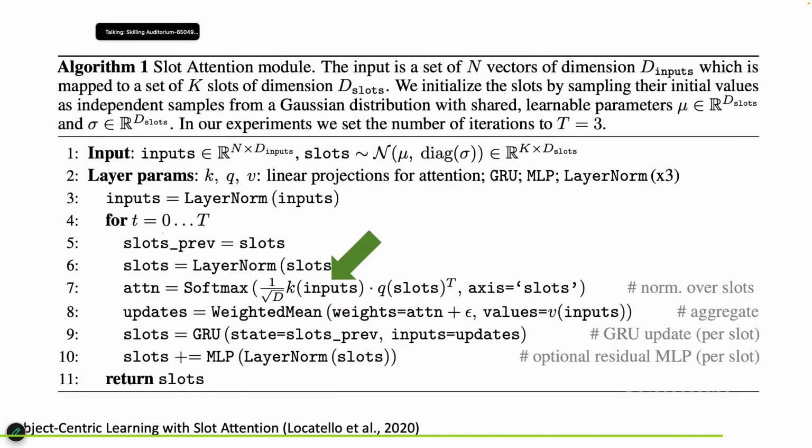You allocate each patch embedding to slots. You're basically assigning them. And the value is also the input features. And you update the slot by using a GRU. So you iteratively update the slots, and now the slot will have the object-aligned representation. So this is how models usually get object-centric representations.